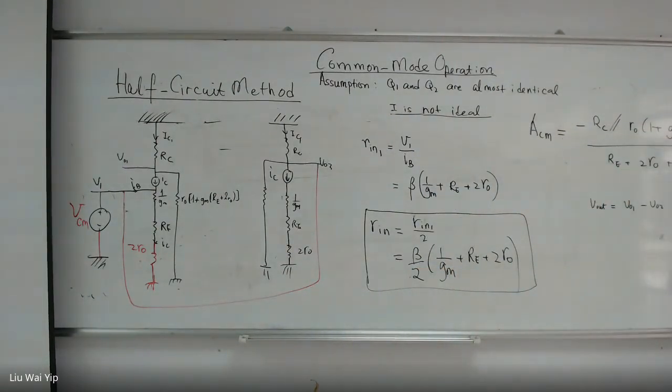The input is identical, the output is identical. So what do you get for the output if you want this expression? Zero. So the output resistance for common mode is zero.